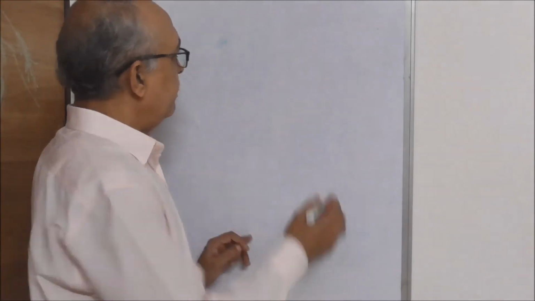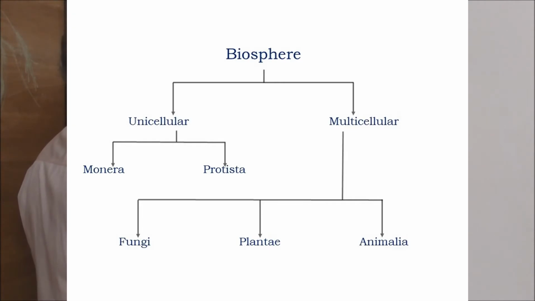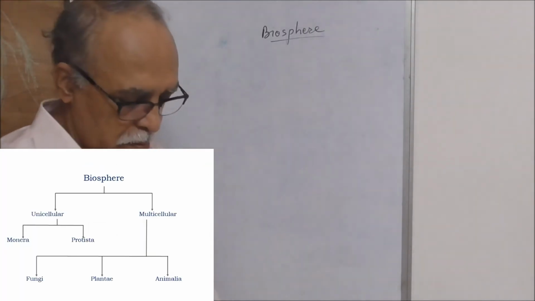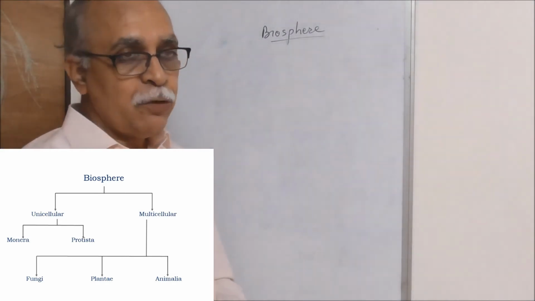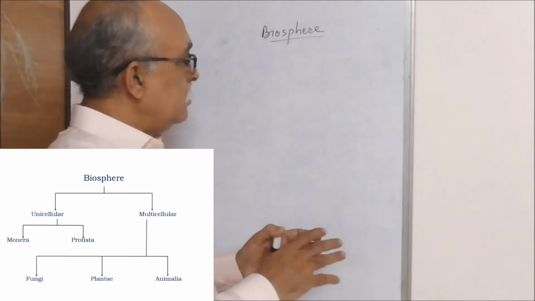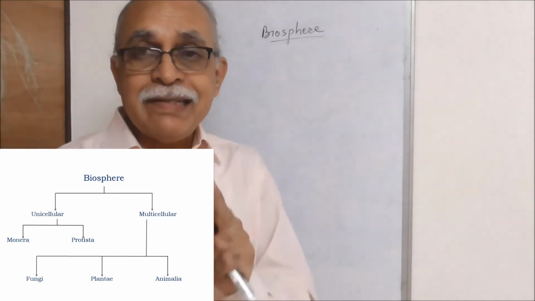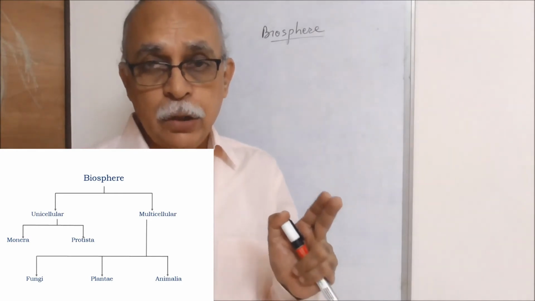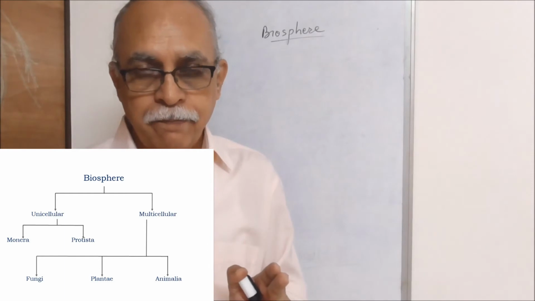First of all, let's talk about biosphere. Now, how do we understand the concept of biosphere? See, if I talk about hydrosphere, it represents that part of the globe or the earth which is occupied by water.